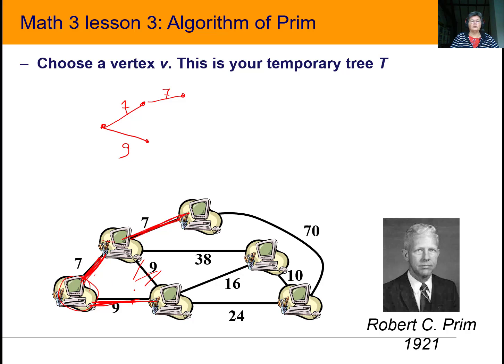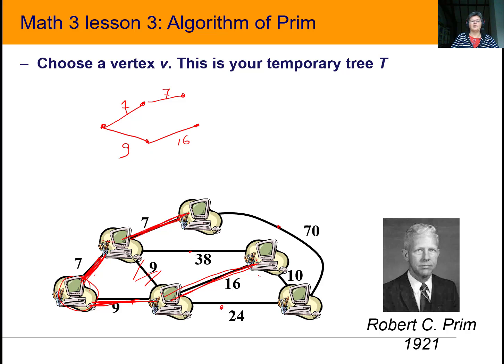And in the previous algorithm we would now have chosen 10. But in Prim's algorithm that's not allowed, because this edge with the 10 is not connected to the original tree. So we have to choose something which is connected, so that's either 38 or 16 or 24 or 17. Okay, 16 is the lowest one, so we choose 16.